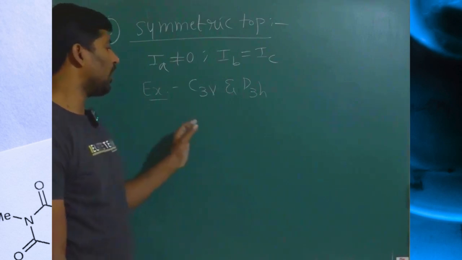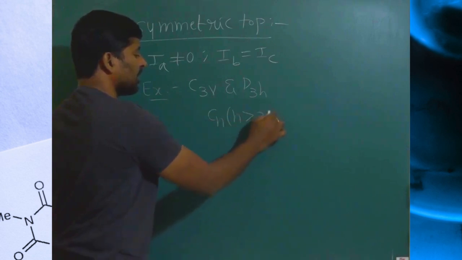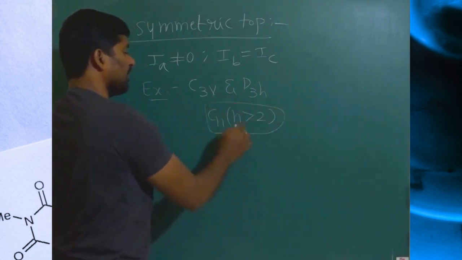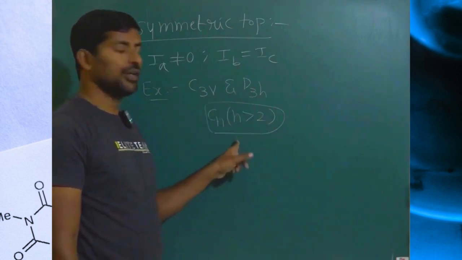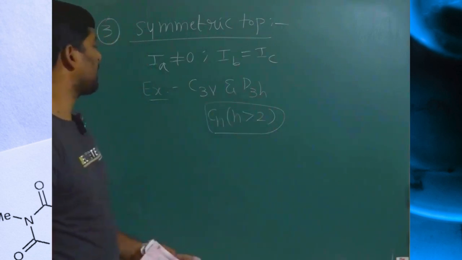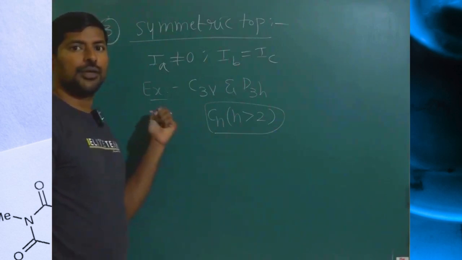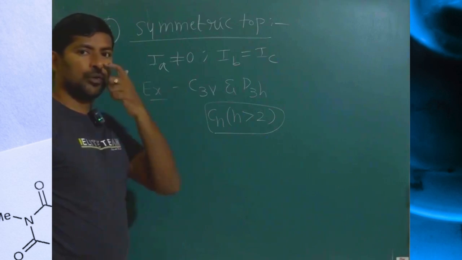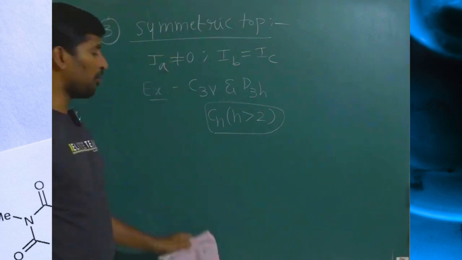Generally, these molecules contain a Cn rotational axis where n is greater than 2. Here, a C3 rotational axis is present. Those are examples of symmetric top molecules.